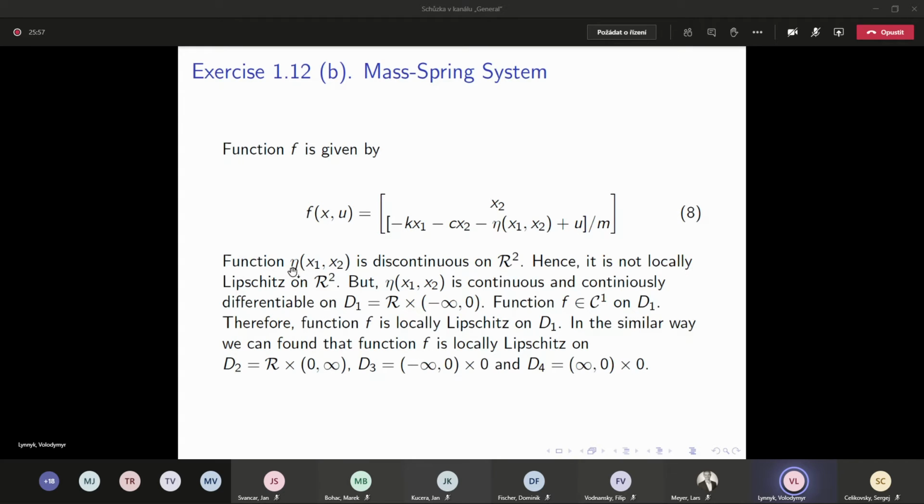Function eta is discontinuous on R2, and hence f is not locally Lipschitz on R2, but eta is continuous and continuously differentiable on the domain D1, R minus infinity to 0, and function f is in C1 on D1, and therefore function f is locally Lipschitz on D1. In a similar way, we can find that function phi is locally Lipschitz on the next three domains.